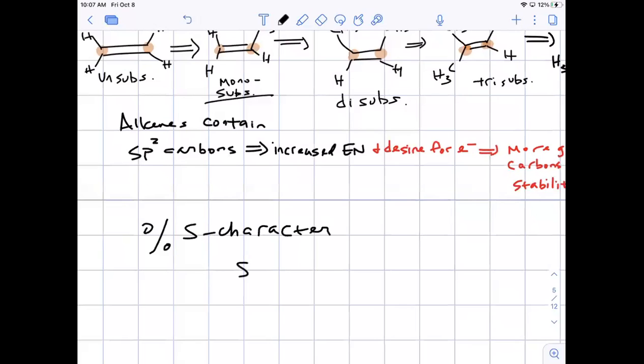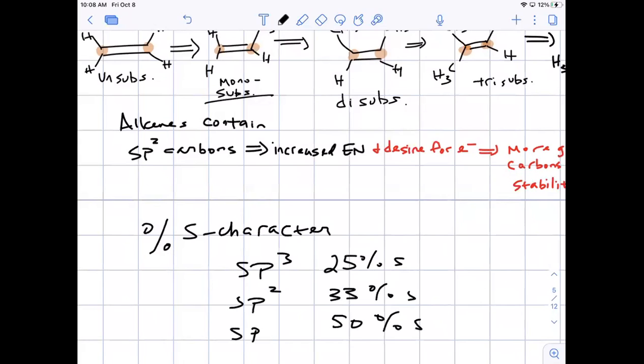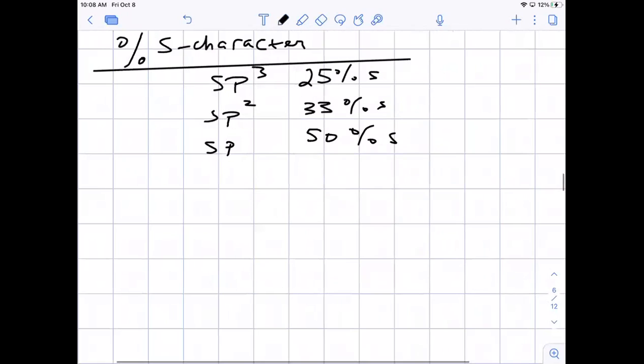Right, so it's the sp3 is 25% s, sp2 is 33% s, and then sp 50% s. We talked about that in a previous session, right?